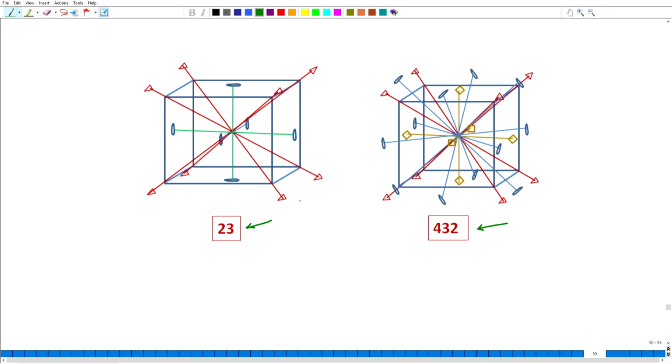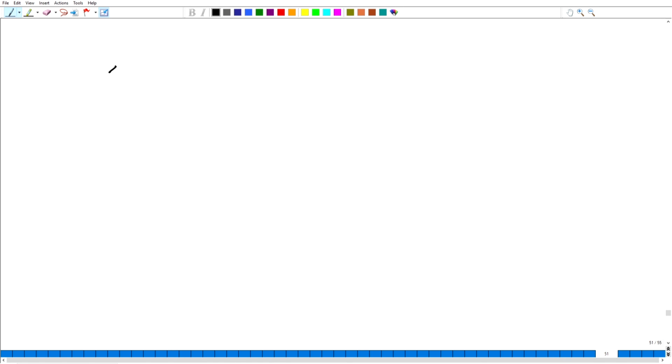So, let us take a three-fold rotation axis and a mirror perpendicular to the three-fold. Let us draw a motif number 1, which is right handed.